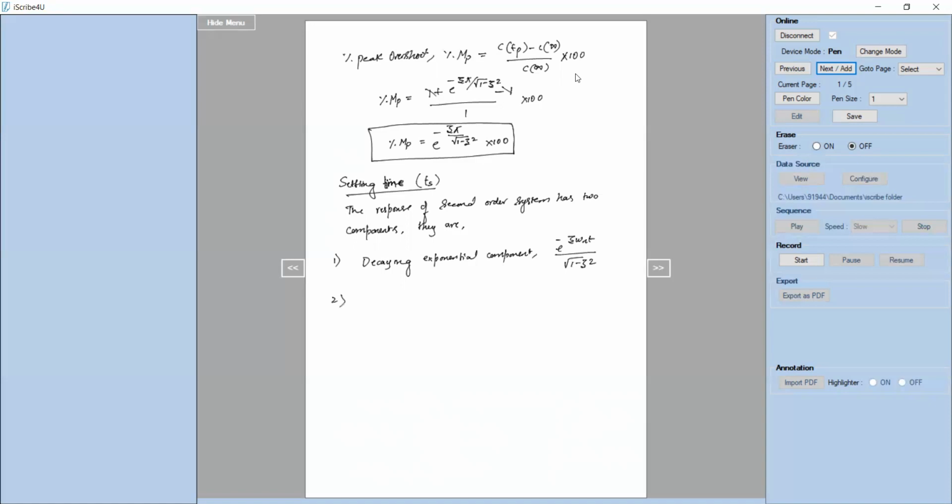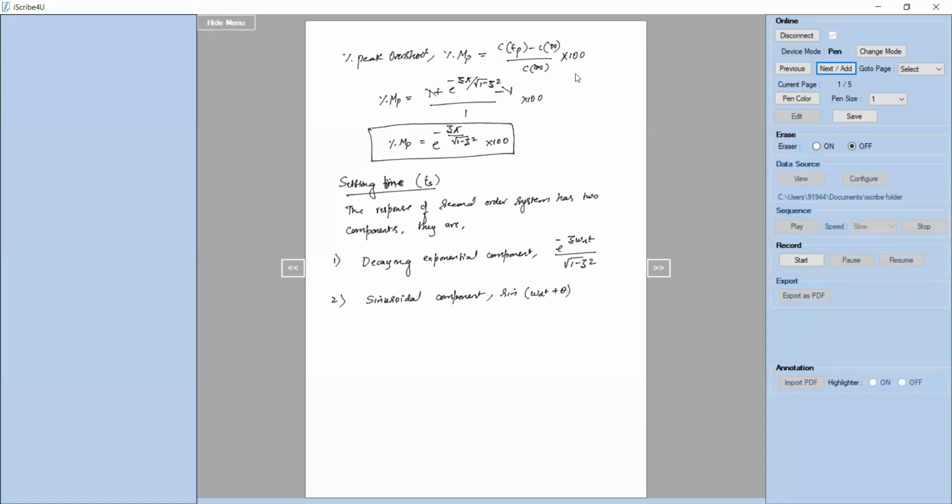And the second one is the sinusoidal component, sine of omega d t plus theta. So we have these two components which contribute to the output C of t.